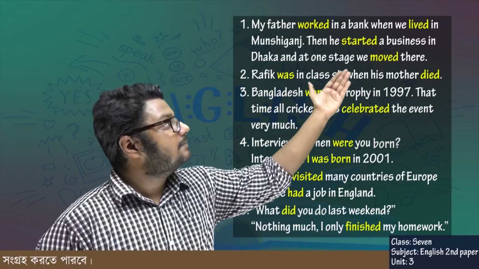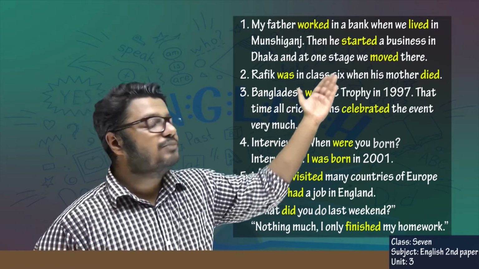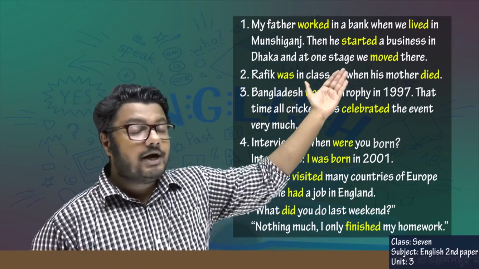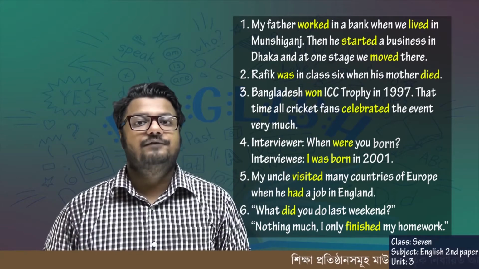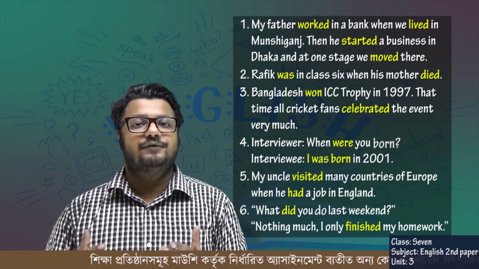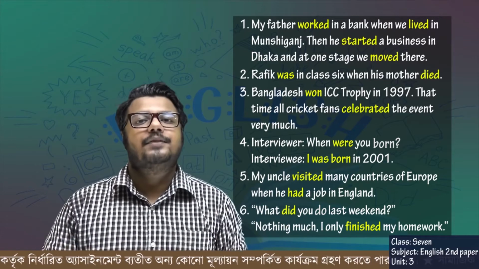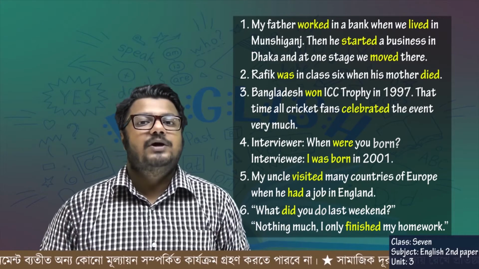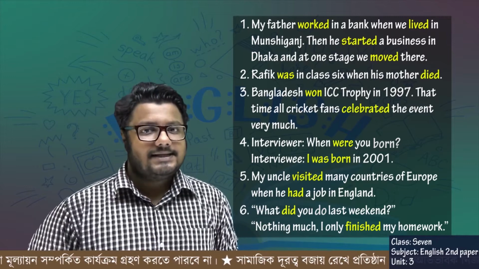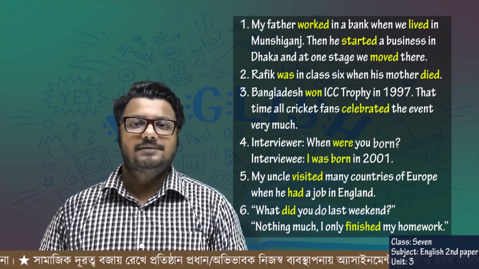Then he started a business in Dhaka, and at one stage we moved there. Here, started is the past form of the verb start, and moved is the past form of the verb move. So all these underlined verbs are in their past form, and that's why we can say that all the sentences that we just read are examples of past simple tense.